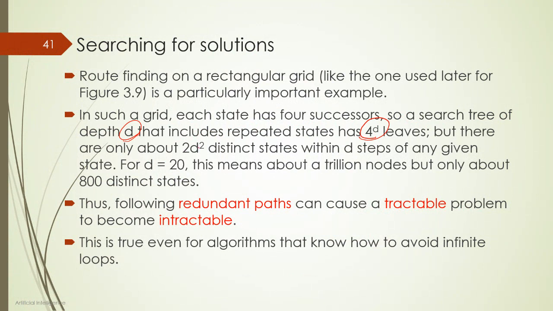But there are only about 2 times 2 to the D distinct states within D steps of any given state. For D equal to 20, this means about 1 trillion nodes to search, but we have only 800 distinct states.